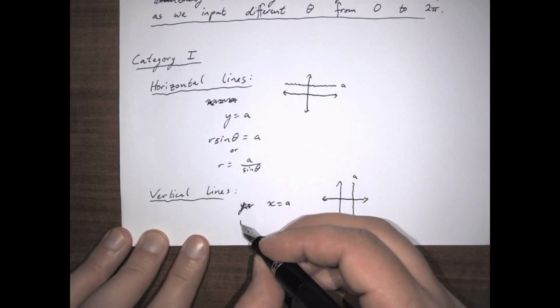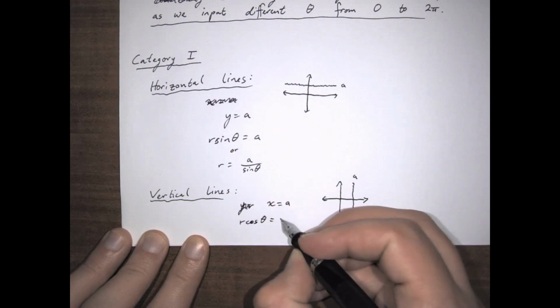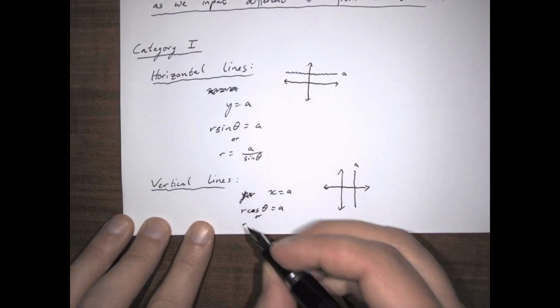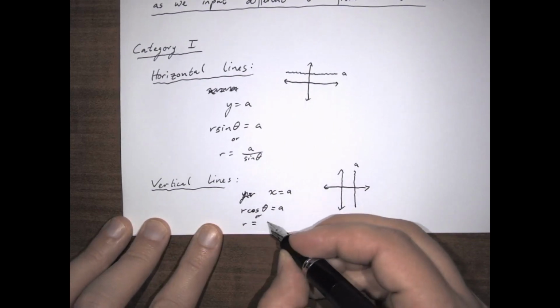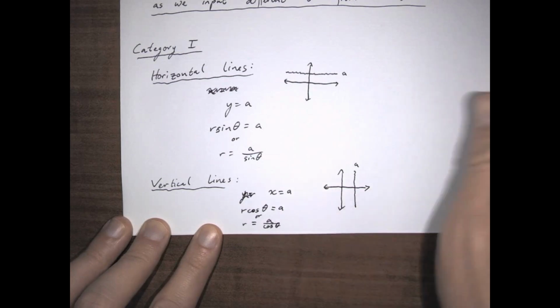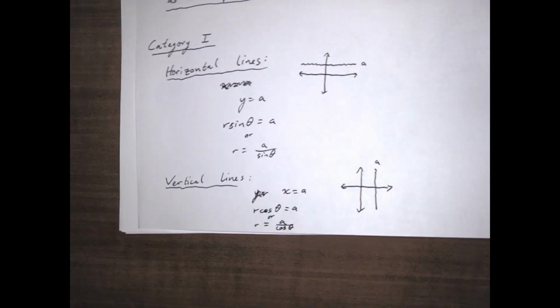And so that would be r cosine theta equals a, or r is equal to a over cosine theta. So those are the two main categories of lines other than lines through the origin.